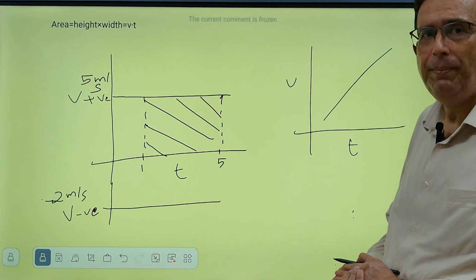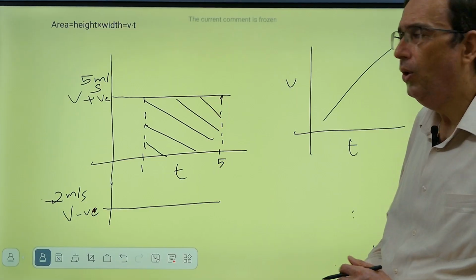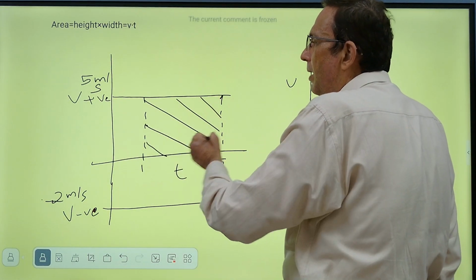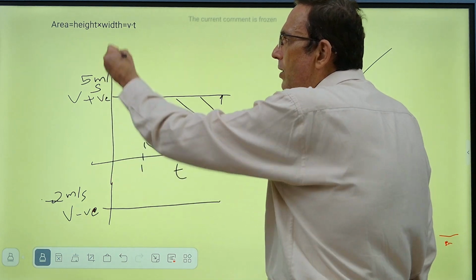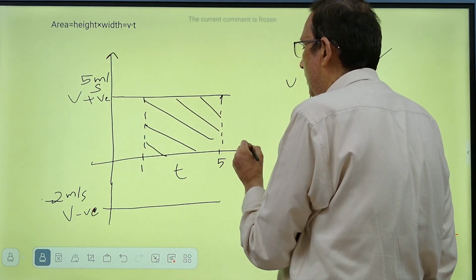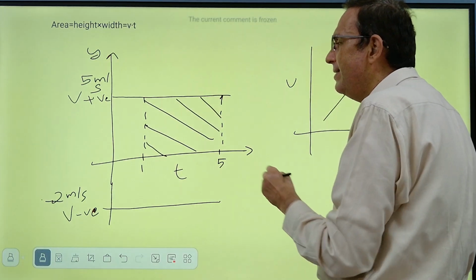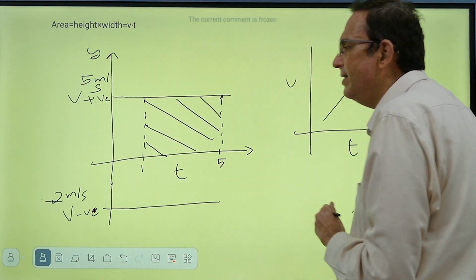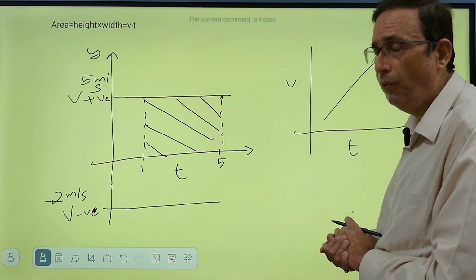So the area would be basically height times the width, as you know. So the height of this parallelogram is 5, as I've marked on the y-axis, and on the x-axis the width is 5 minus 1, which is 4.